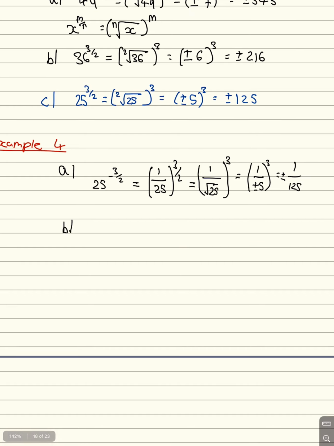So now for part B, we'll look at 9 to the power of negative 3/2. Again, we take the reciprocal of 9, which is 1/9, and we put that all to the power of 3 over 2.